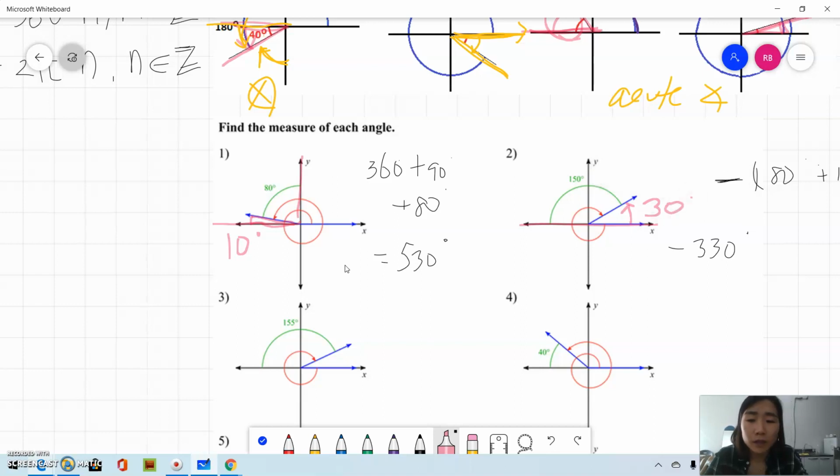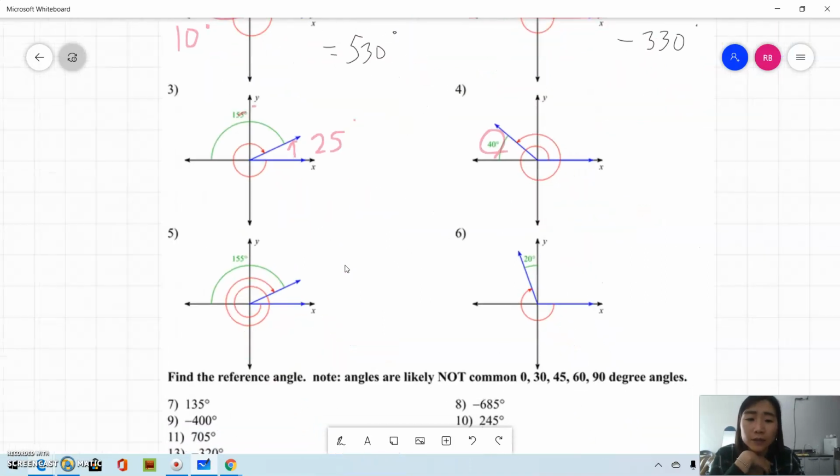Okay, let's do number 3. My reference angle is right here. And the green area is 155, but 155 plus this reference angle has to equal 180. So this reference angle is 25 degrees. And this one, the reference angle is already given, which is 40 degrees. I hope this reference angle makes sense.